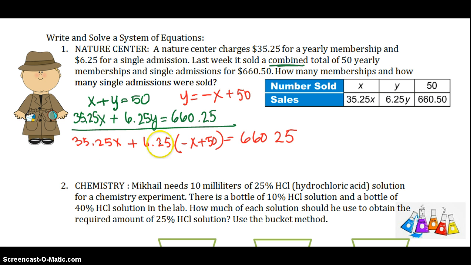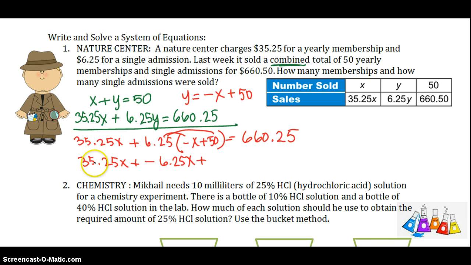You'll see the whole thing when I'm finished. So 35.25x plus, and I have to distribute the 6.25 to the negative x, which makes it a negative 6.25x, plus, and then that's a positive 50, so 6.25 times 50 gives us 312.50, equals 660.25.